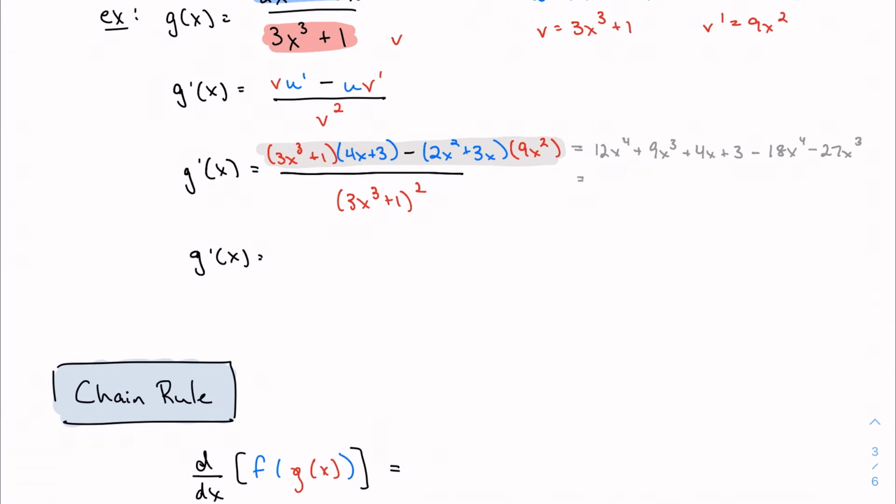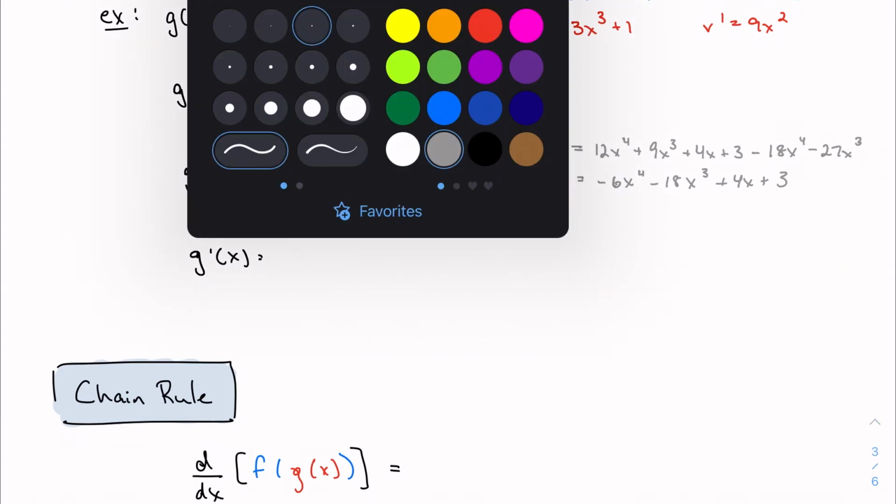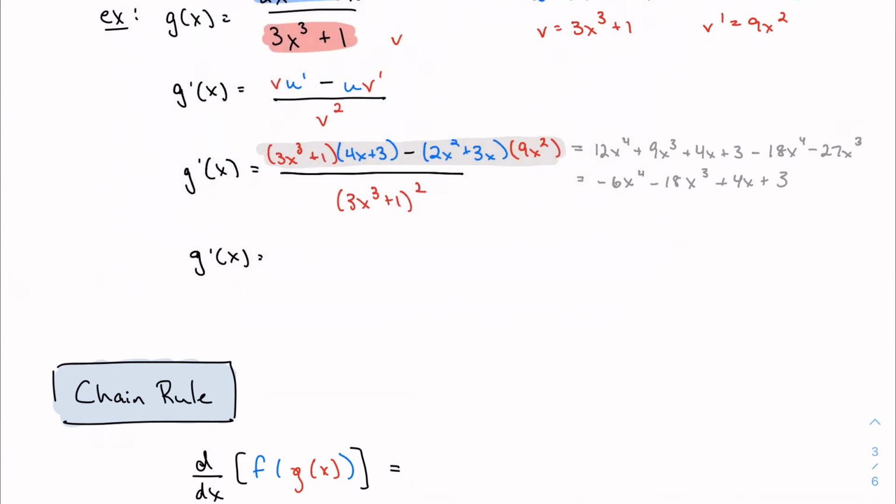So this is going to give me negative 6x to the 4th minus 18x cubed plus 4x plus 3. And I don't know what it's going to factor into, but I know it's definitely not going to factor into 3x cubed plus 1 squared. So I'm not going to bother going any further with this. I'm just going to leave it as is.